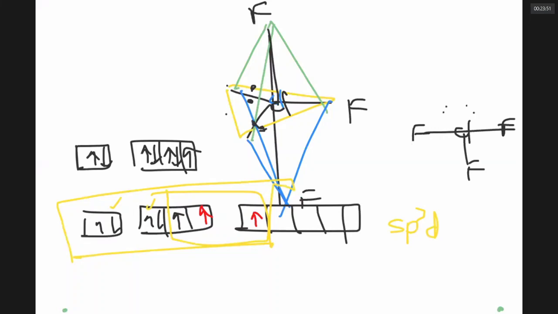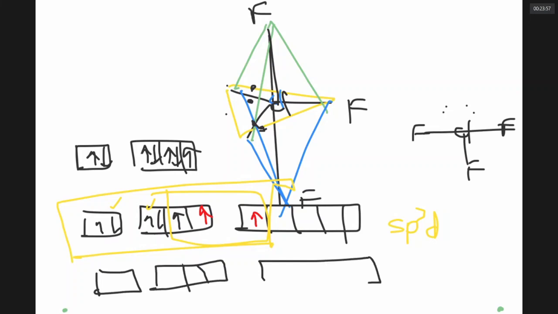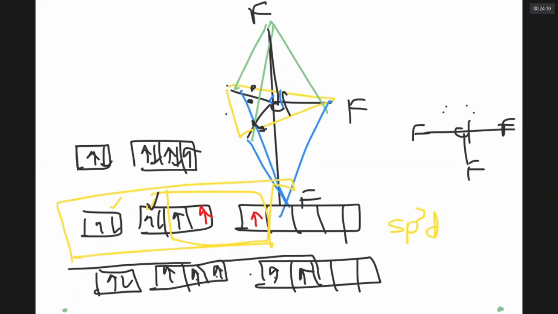However, if the Cl undergoes the third excited state, now this electron pair also opens up. No change here. Now in this case, it has 5 unpaired electrons. Hybridization is sp3d2.